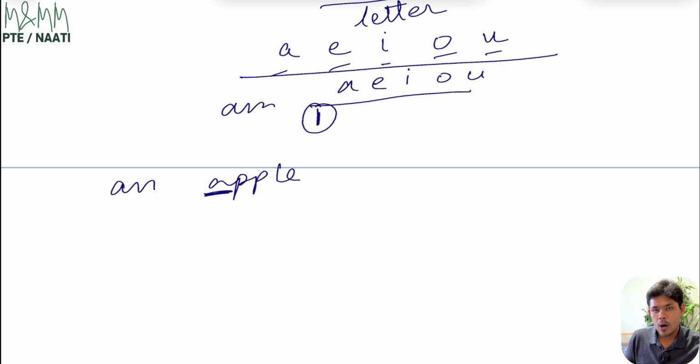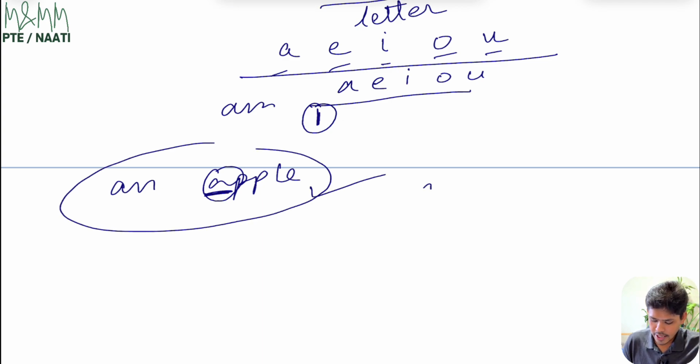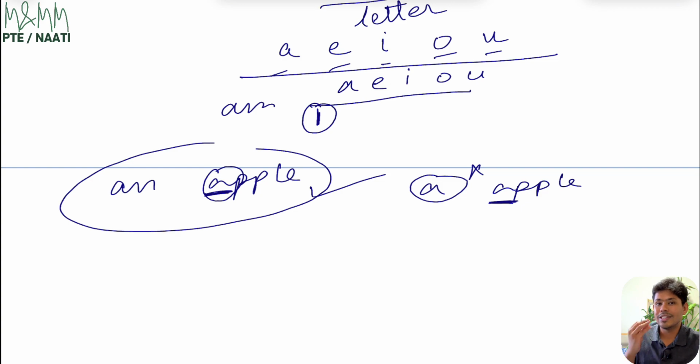So it does sound like A as well. Not only do you see A, but there is the sound of A as well. So "an apple" is used, and "a apple" cannot be used, because if the sound is A, E, I, O, U, "a" cannot be used. This is how you can keep in mind which article needs to be used when it comes to vowel sound, and if it doesn't have a vowel sound, the other one, right?